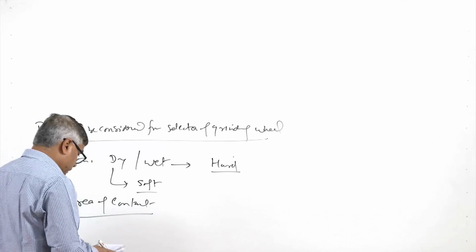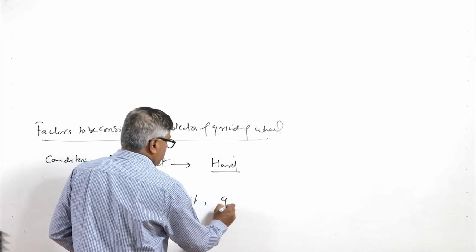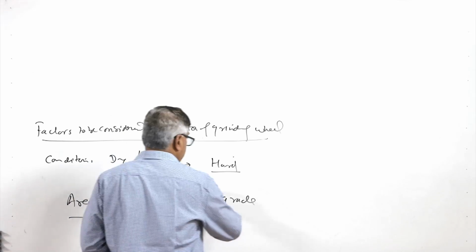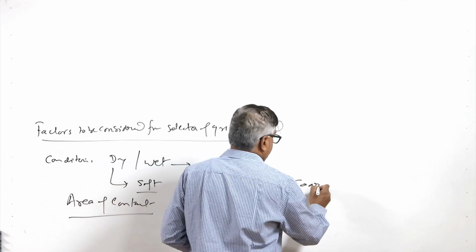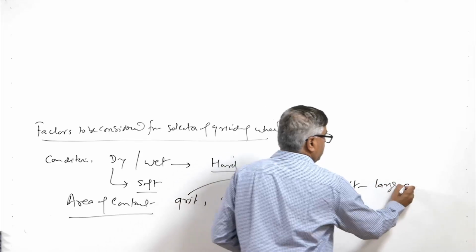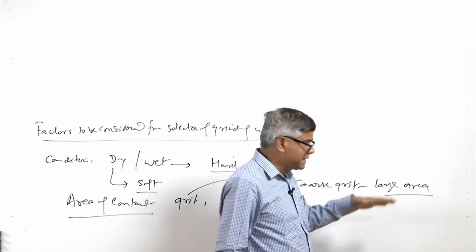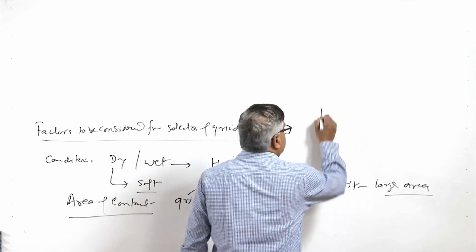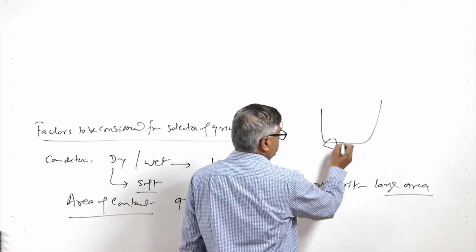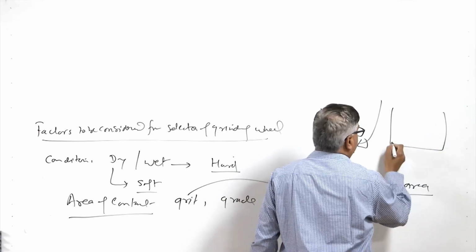Normally the area of contact affects the grit size and the grade. A coarse grit size is used for a large area, so that the unit pressure acting on the abrasives is less, because when coarse abrasives are used, the number of abrasives is less as compared to when fine abrasives are used.